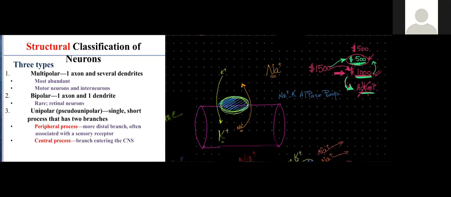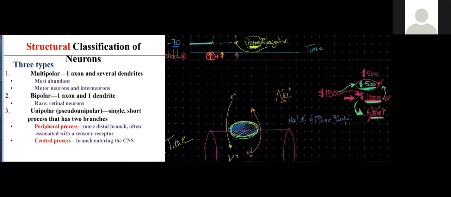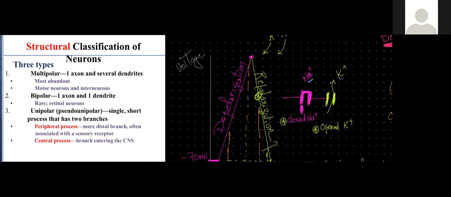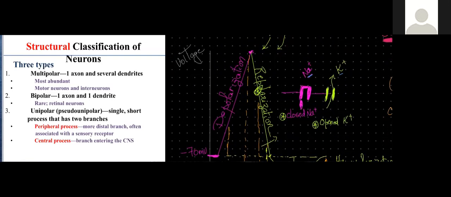So let's apply this same concept on the sodium. So let's say, in order for me to create an action potential, I need to get 50 sodium in. Or let's forget about the sodium. 50 positively charged in. 50 positive charges in.